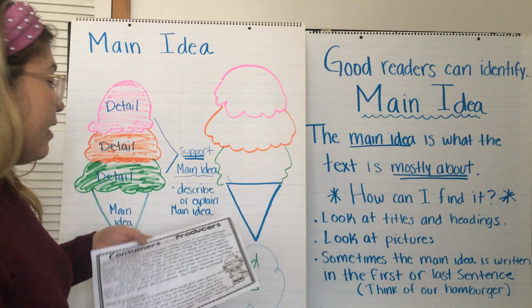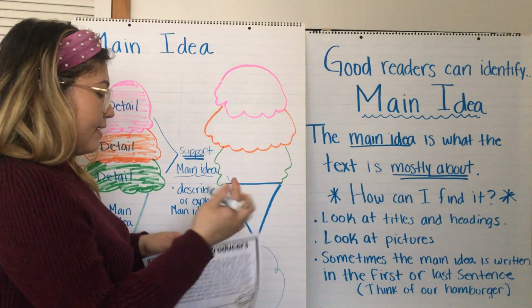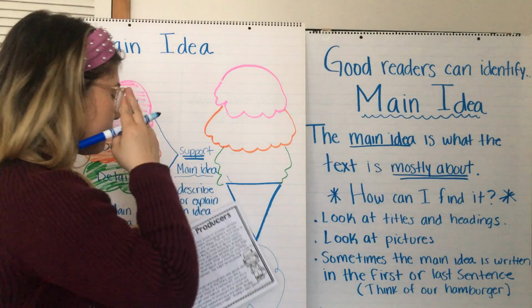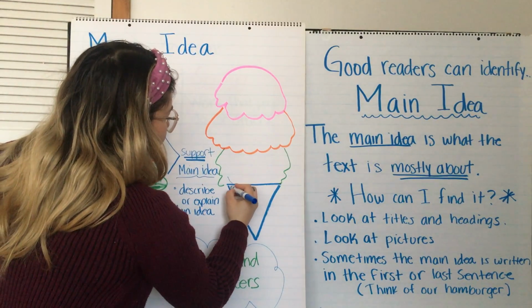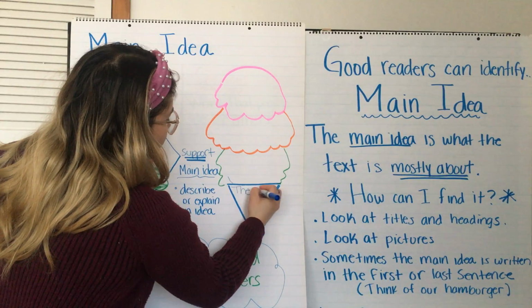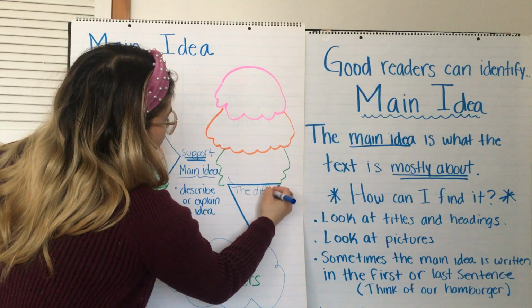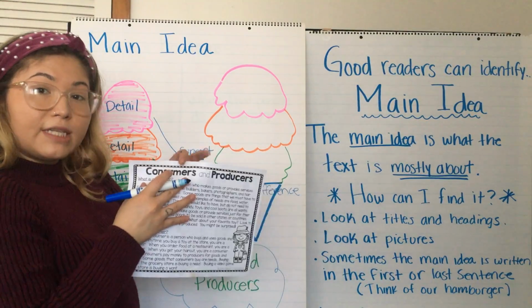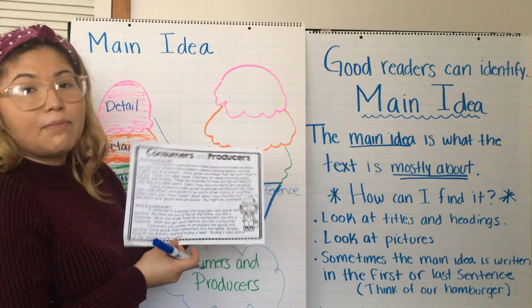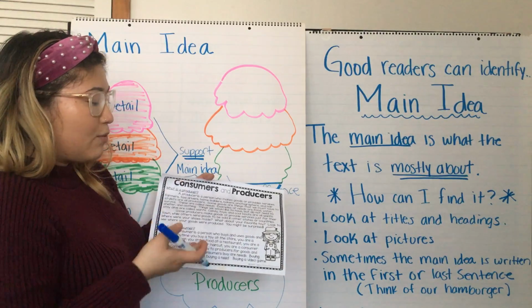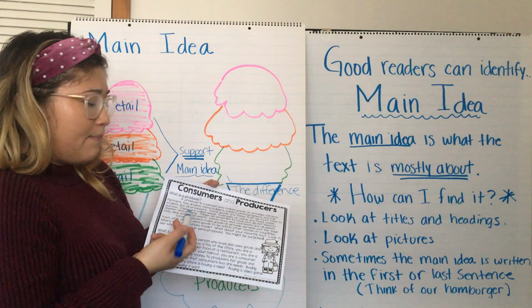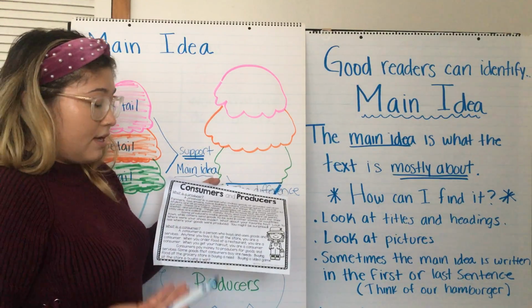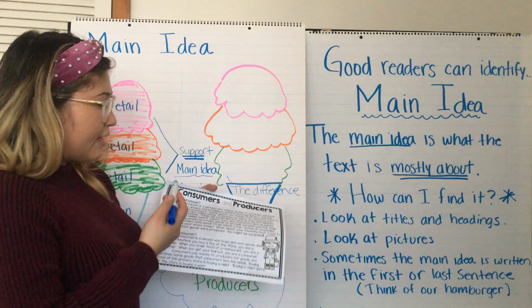Consumers and producers, right? So my main idea is the difference, because it talked about producers at the top, it talked about consumers at the bottom. So it was telling me what the difference was, right? A producer is not the same thing as a consumer, and vice versa.